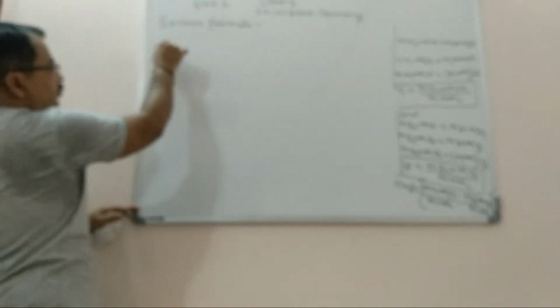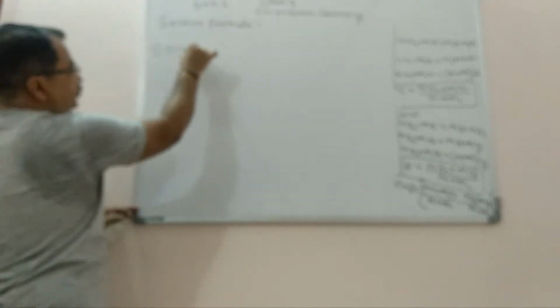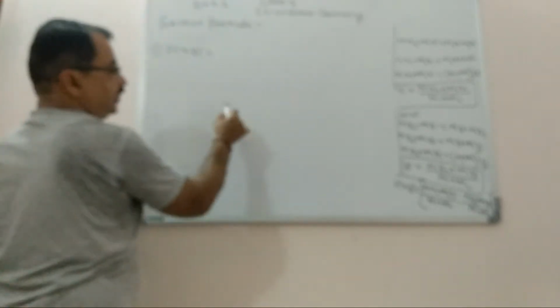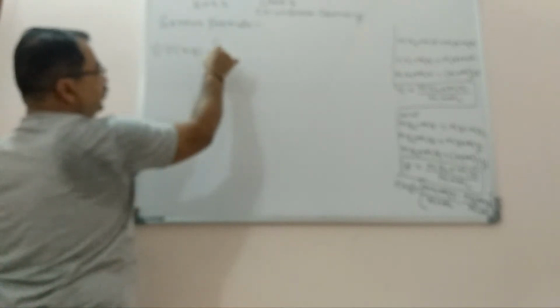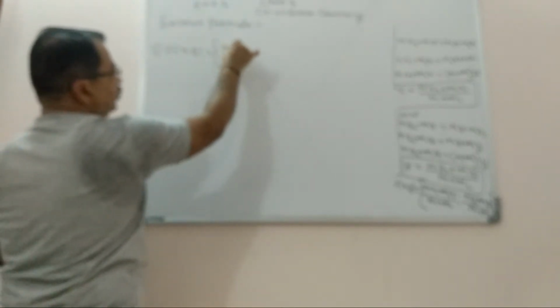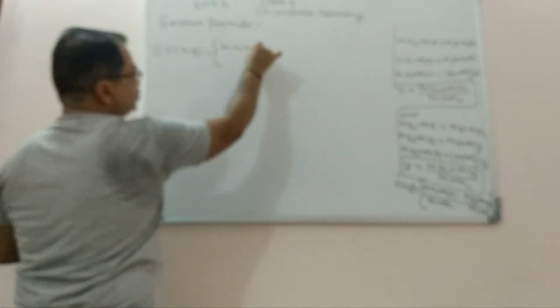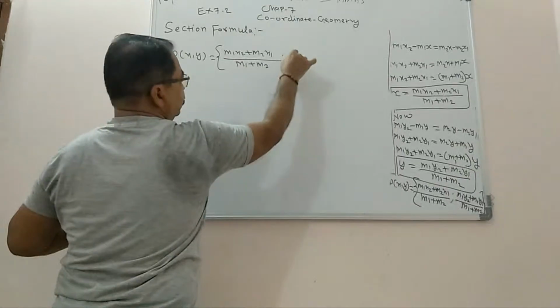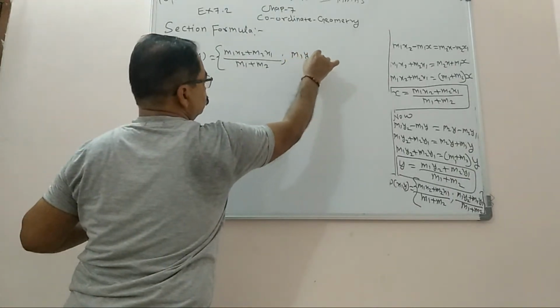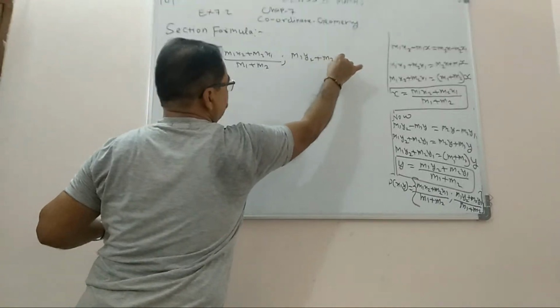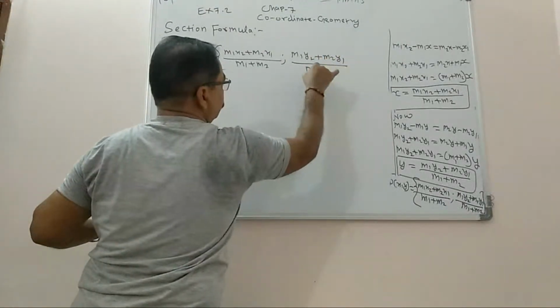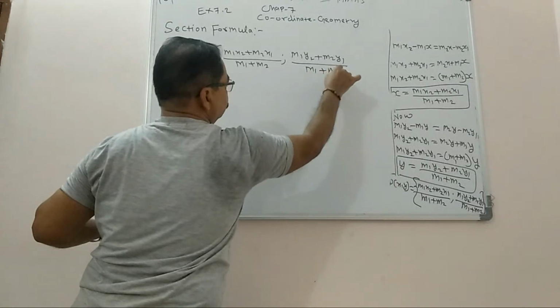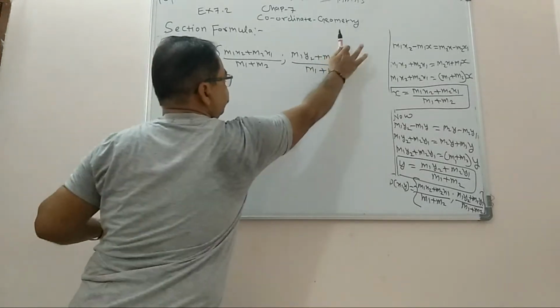See children, number 1, suppose you have to find P(x, y), again I am writing, its coordinates will be (m1x2 plus m2x1) upon (m1 plus m2) and (m1y2 plus m2y1) upon (m1 plus m2). This is the main formula.